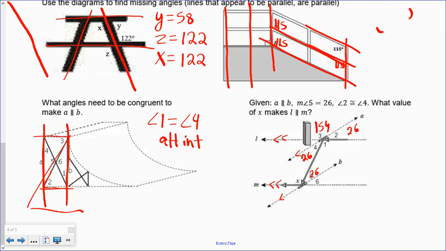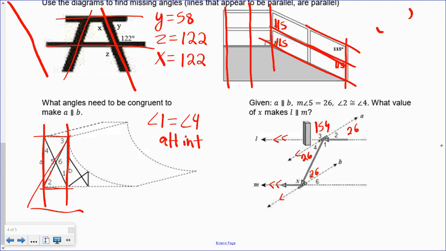Aren't they exterior? Angle 3 and X are, no, because you would have to have this transversal keep going, and it doesn't.